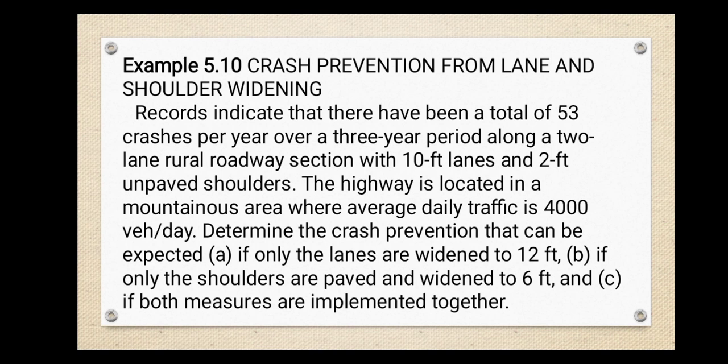The highway is located in a mountainous area where average daily traffic is 4,000 vehicles per day. Determine the crash prevention that can be expected if only the lanes are widened to 12 foot, if only the shoulders are paved and widened to 6 foot, and if both measures are implemented together.